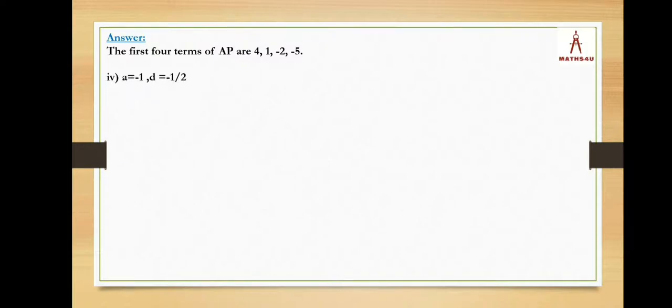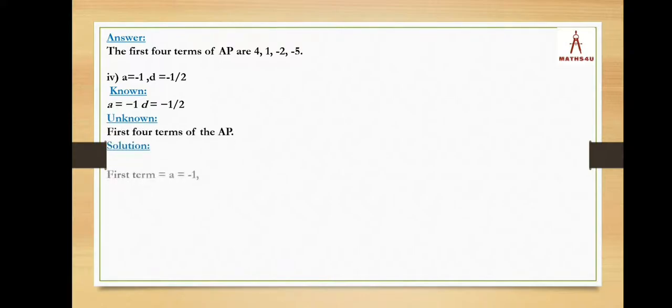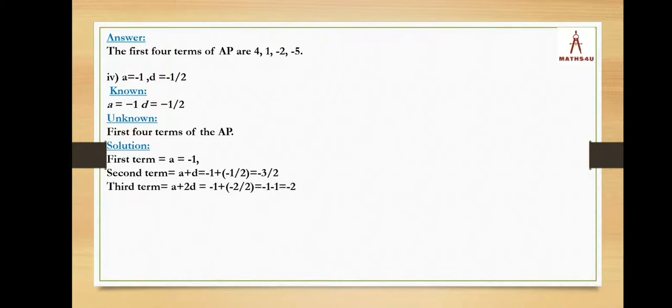Okay. The fourth question you can see. A equals -1 is given and D equals -1/2 is given. So what is known? A and D are given, the first term and the common difference. We need to find out the first four terms of the AP. Then what is the solution? The first term is A, so A equals -1, as given. The second term is A plus D, so -1 plus -1/2, so -3/2. The third term is A plus 2D, -1 plus 2 into -1/2, so -2/2, -1.